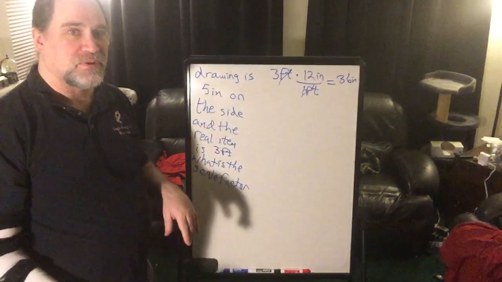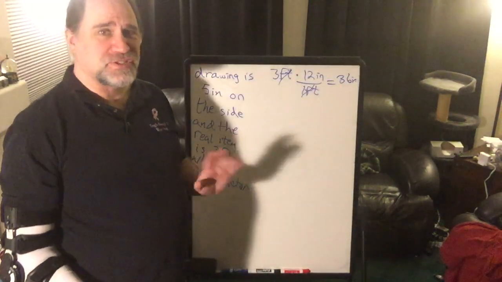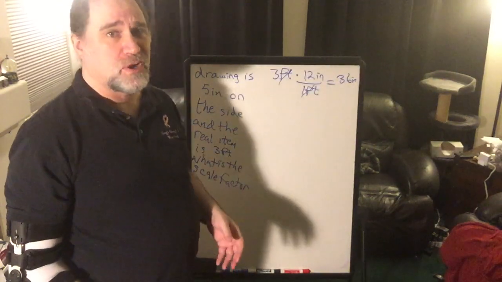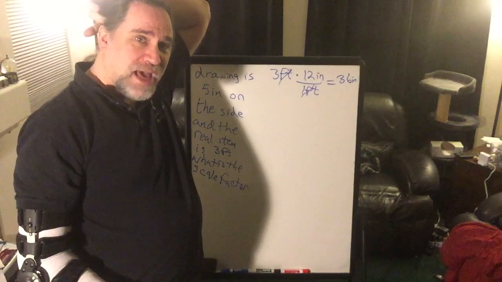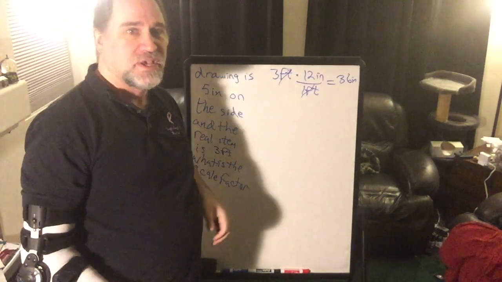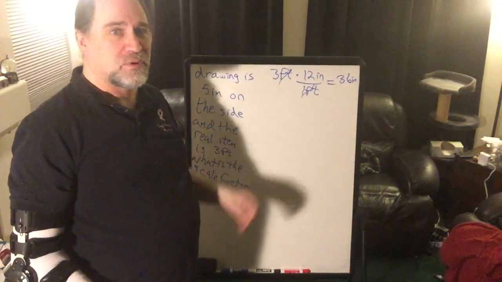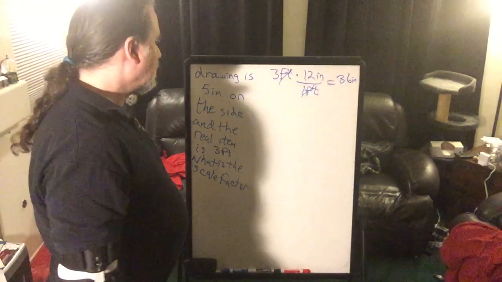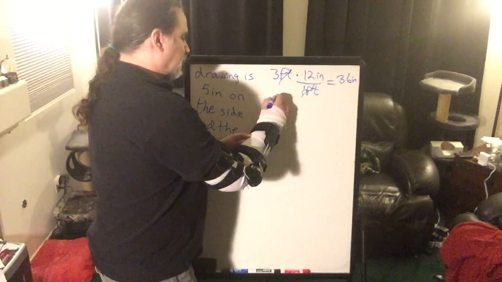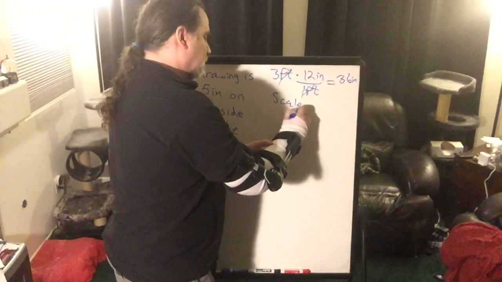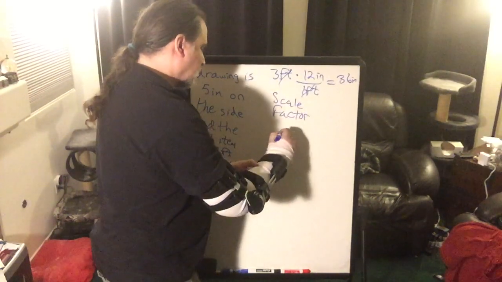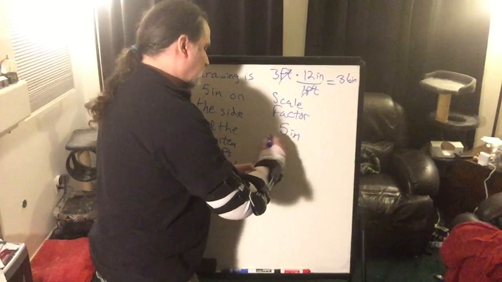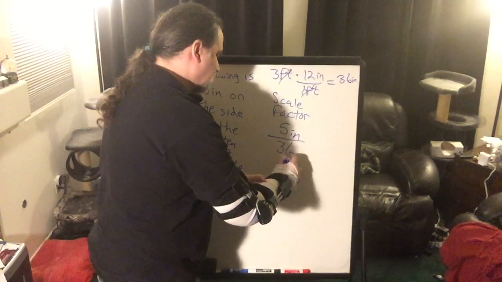Now I can set up my ratio. And in truth, when you talk about a scale drawing, they always will go small to large, but they don't have to. You could go large to small if you think that would make more sense or be easier. You are always allowed to do that. But we would simply go, again, for our scale factor, 5 inches to 36 inches.